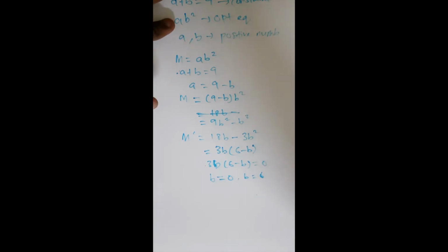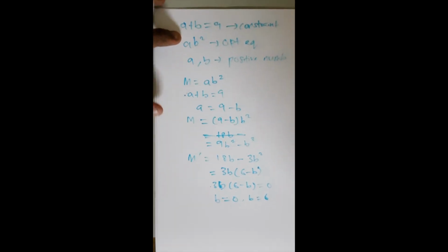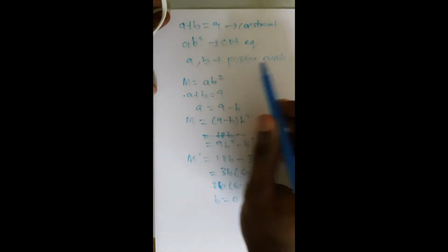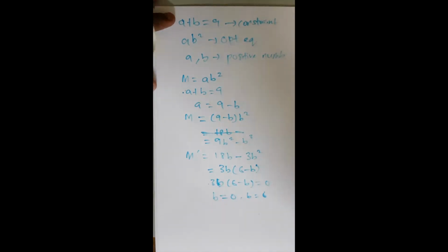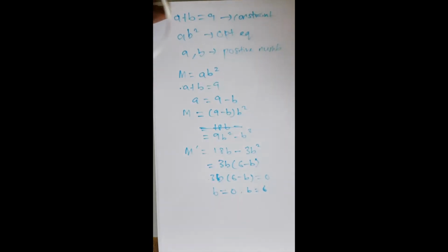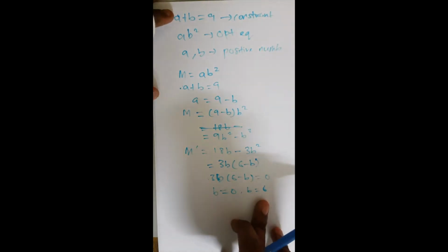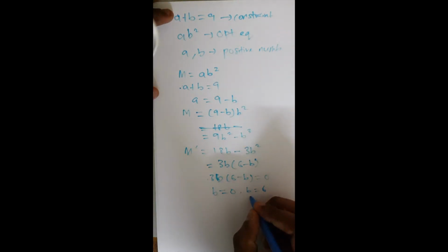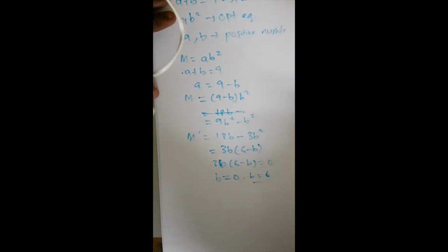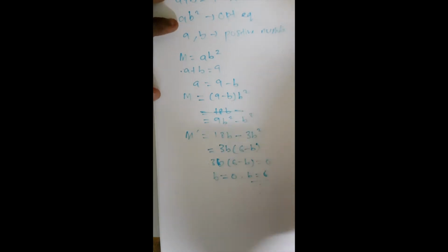One thing you've got to take note of here is that previously I said that a and b must be positive numbers. So if you're going to choose a value for b between these two, you have to choose the one which is positive, which is not 0 but 6. So we will take b equals 6 as our value. We've got our b value.